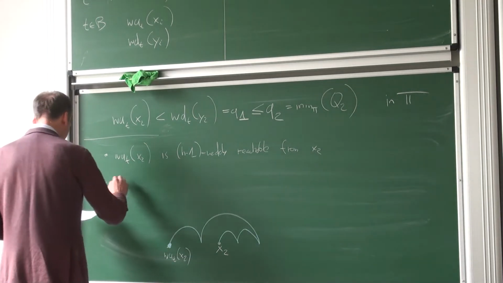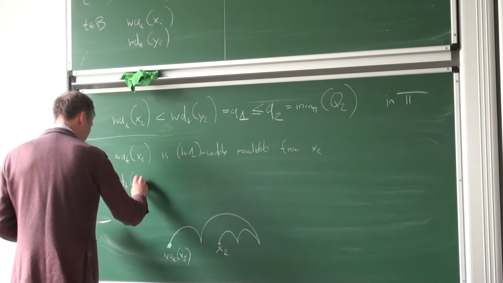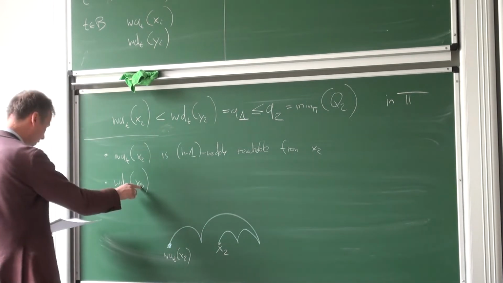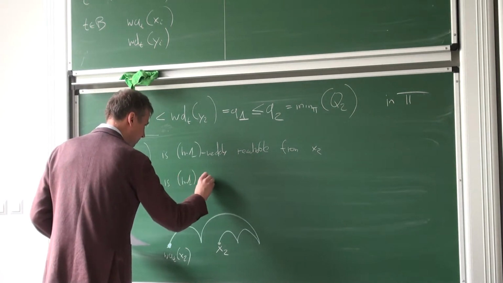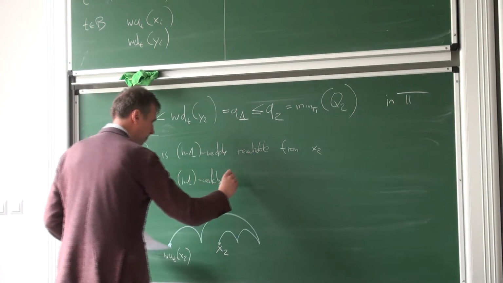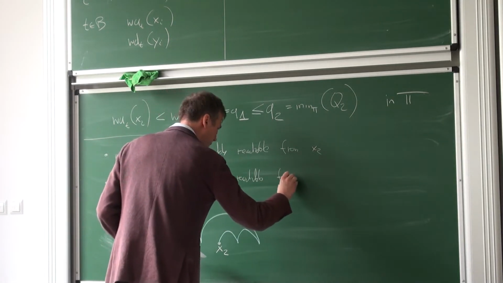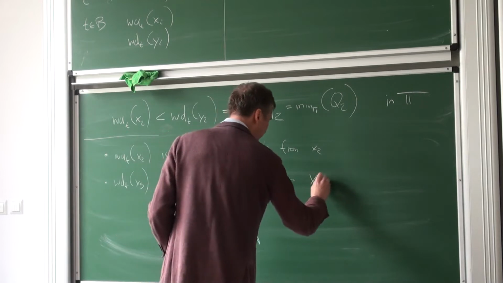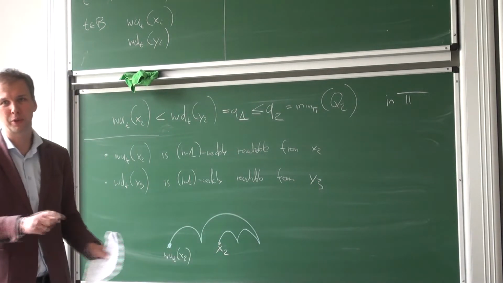Another path that I want to take, also in this style, connects WDT of y2 and y2, right? So I don't really know where x2 and y2 are with respect to each other.